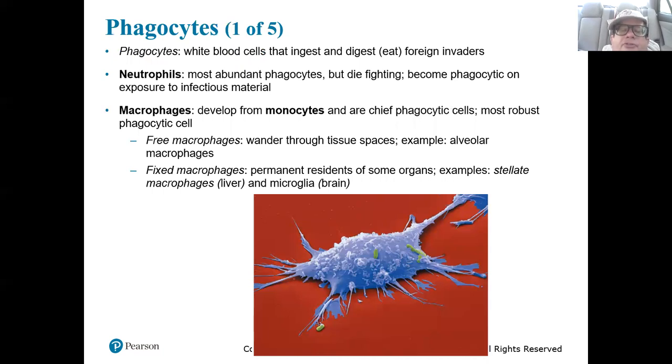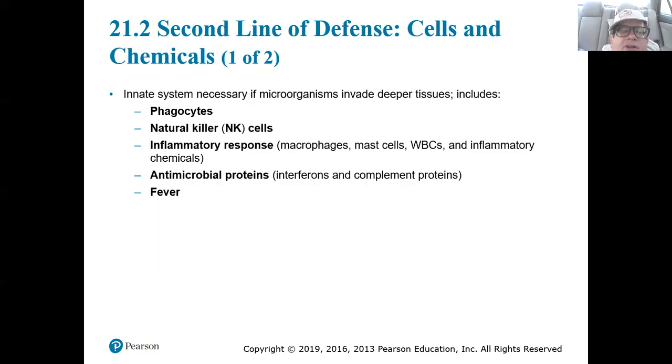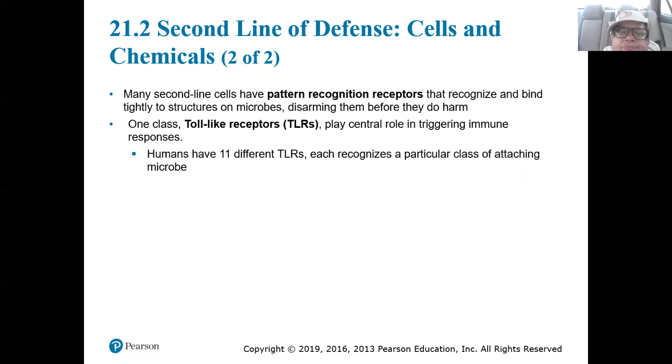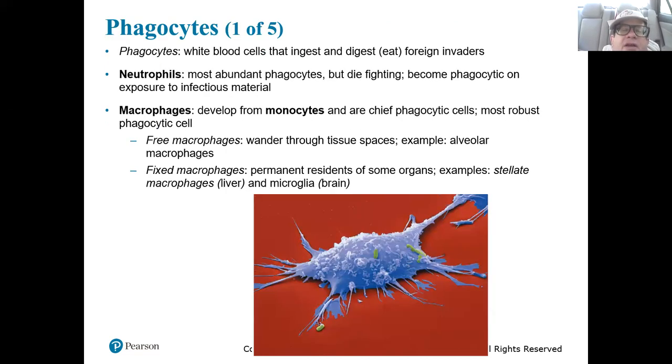All right, so let's go through these one at a time. The first thing on this list here was phagocytes, eating cells. That's what that means. Phago is to eat, and cyto is cell. So a phagocyte is a cell that eats stuff.